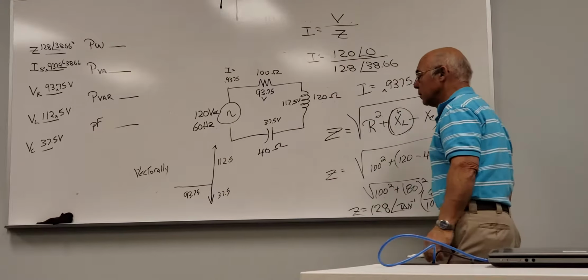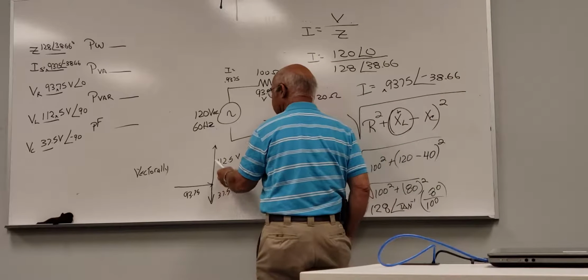Put them up here. This would have a phase angle of 0, this would have a phase angle of 90, this would have a phase angle of -90. Always 90 degrees out of phase with the voltage across the resistor.